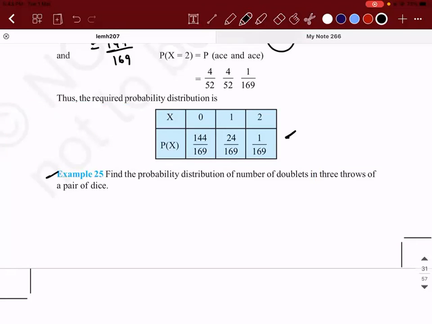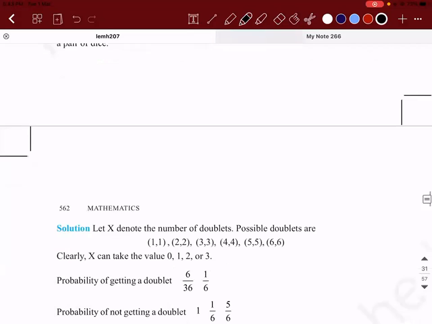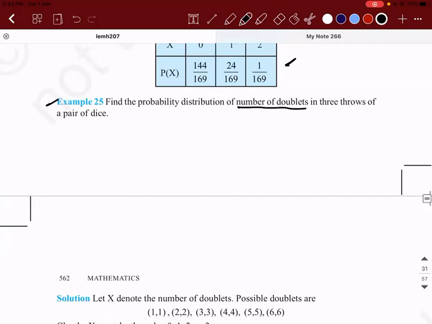Find the probability distribution of the number of doublets in 3 throws of a pair of dice. So if I take X as the number of doublets, the dice are thrown 3 times.